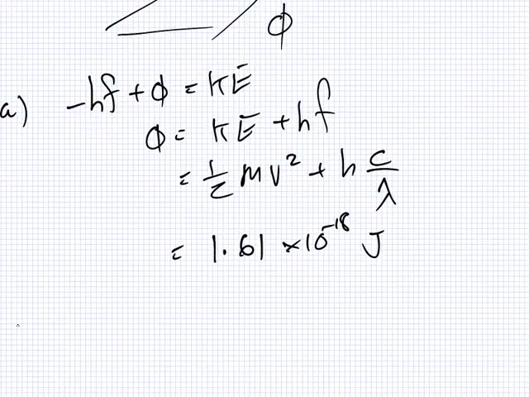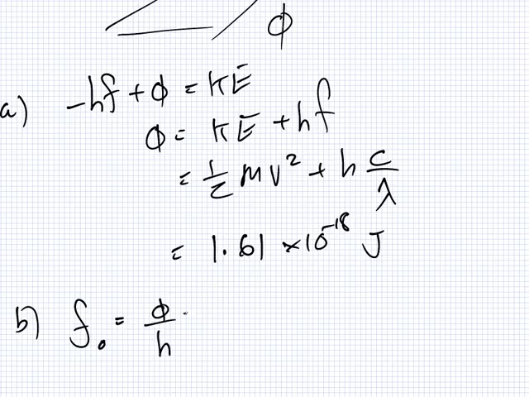And then the last part is what's the threshold frequency, which is work function over h. Photons don't have a mass. 2.43 times 10 to the 15 hertz.